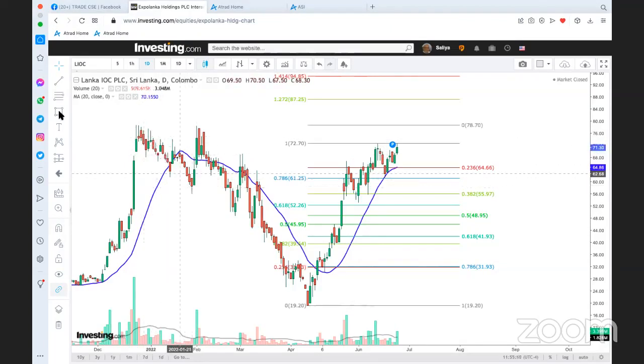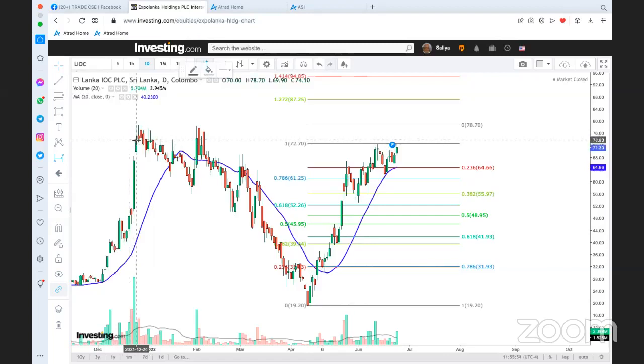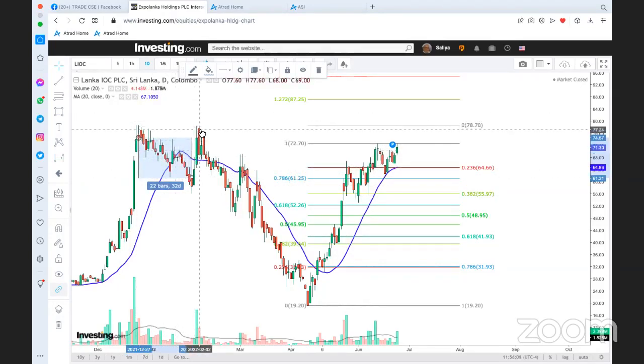From here to here, the retracement was, let's exclude that and take from here to here, 22 days of retracement. Then in a matter of 2 days, the entire distance was cleared and it went up, right? Thereafter, it came down. So here, this level of 56 rupees is important, right?